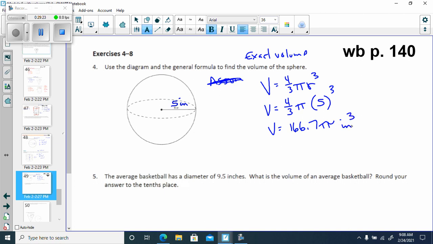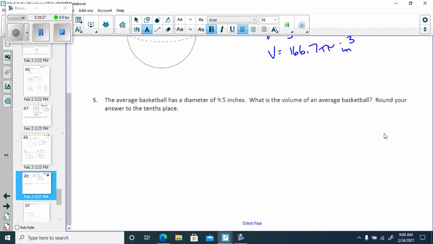Inches cubed. Okay? And 5 says the average basketball has a diameter of 9.5 inches. What is the volume? Round your answer to the tenth place. So that means that you're going to use pi. You're going to use 3.14 for pi. Okay?